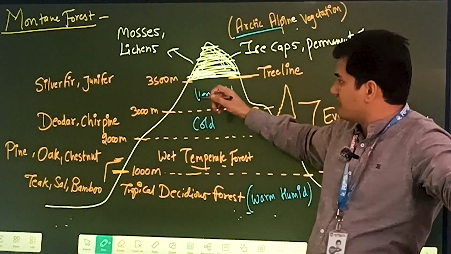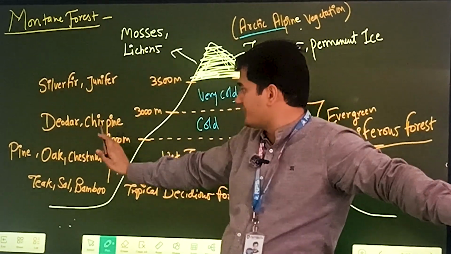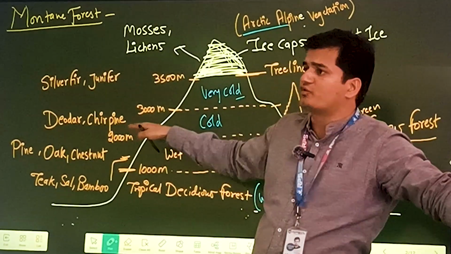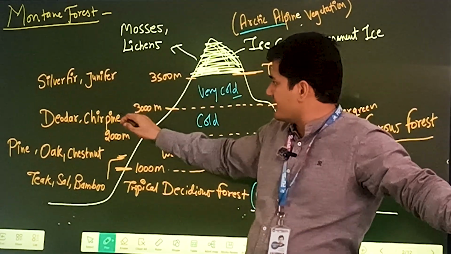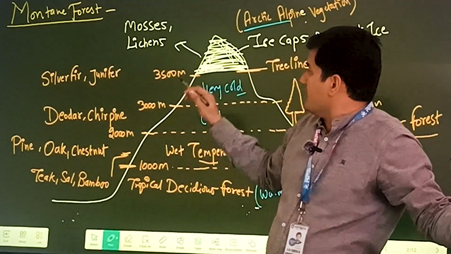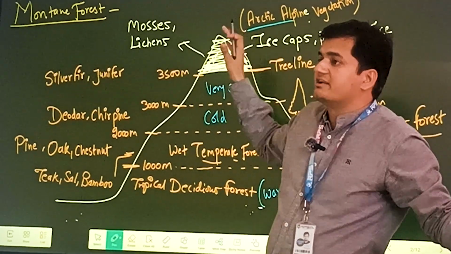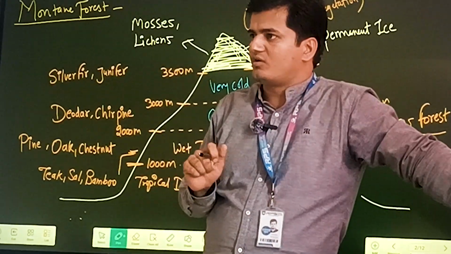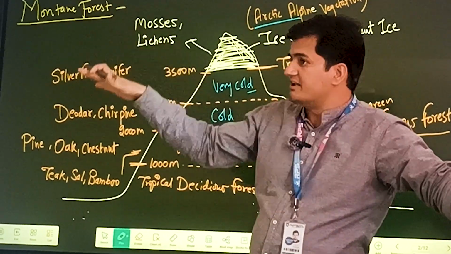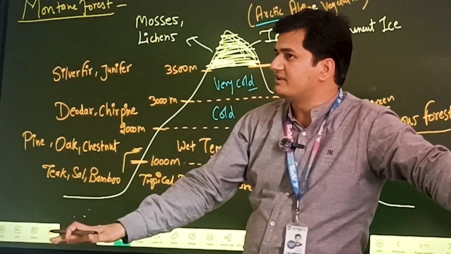By altitude, different kinds of species of trees we can find, like pine, oak trees, chestnut, up to the height of 2,000 meters. Then up to a height of 3,000 meters we can find the deodar trees. At the top we can find the permanent ice caps in Himalayas, where we can find stunted trees, means very less height.